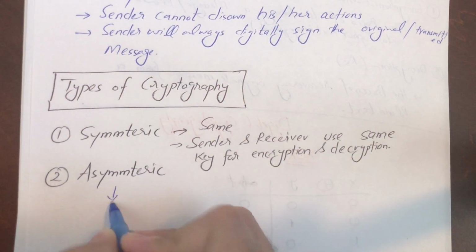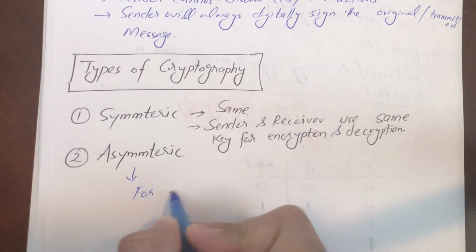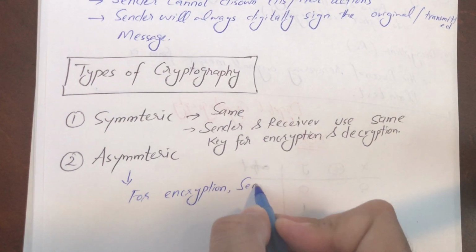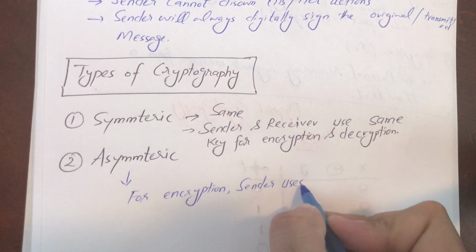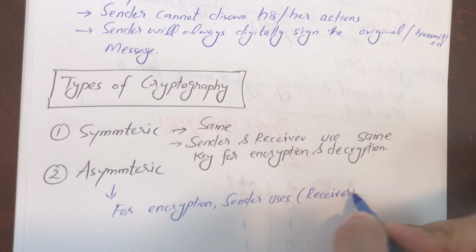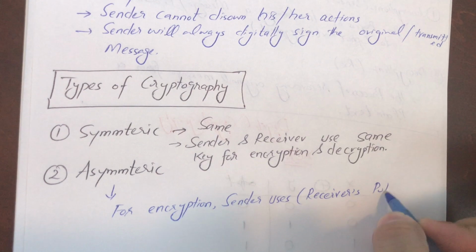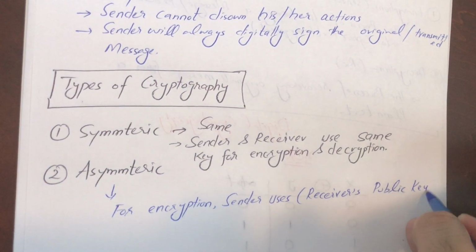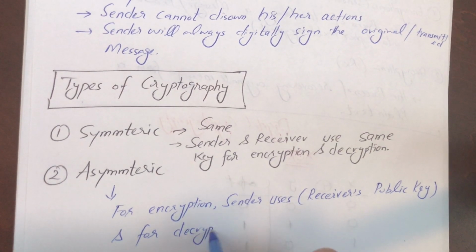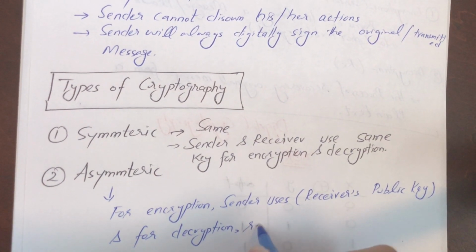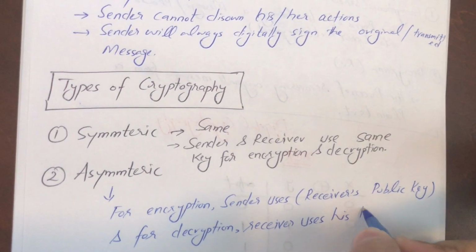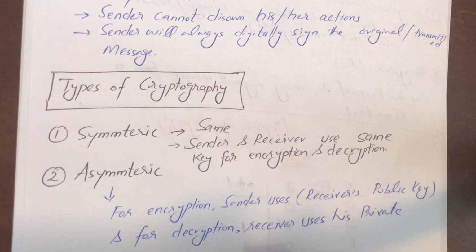In asymmetric, for encryption, the sender uses the receiver's public key, and for decryption, the receiver uses his private key, which is only known to him.